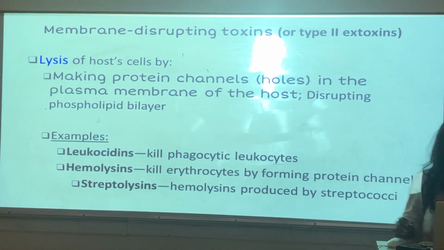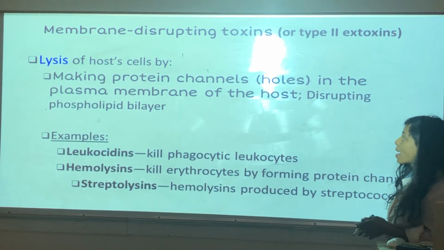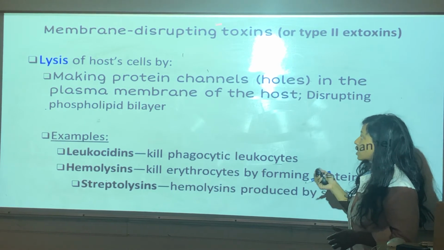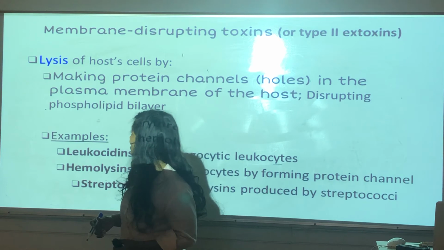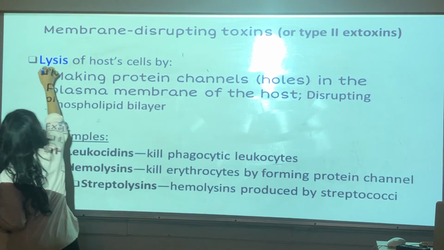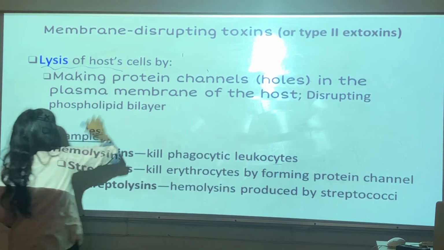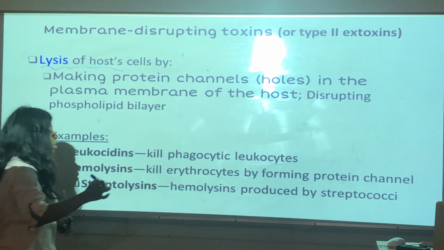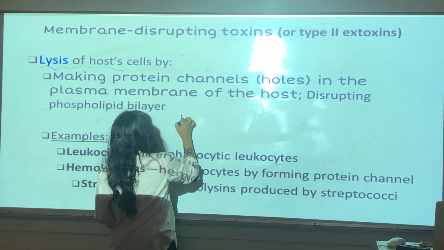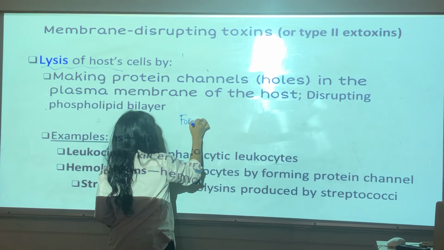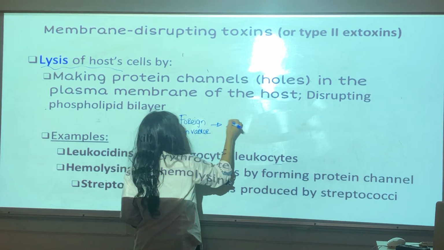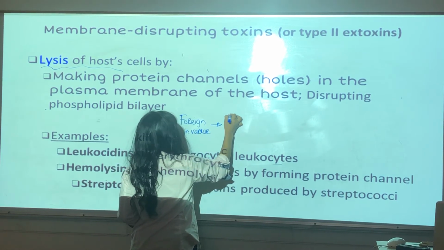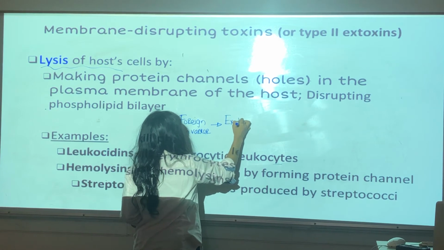The second exotoxin is known as your membrane disrupting toxin. By membrane disrupting, we mean that it will lyse the whole cell. The toxin is being made by the bacteria. Again, the foreign invader comes in and makes exotoxin number 2.